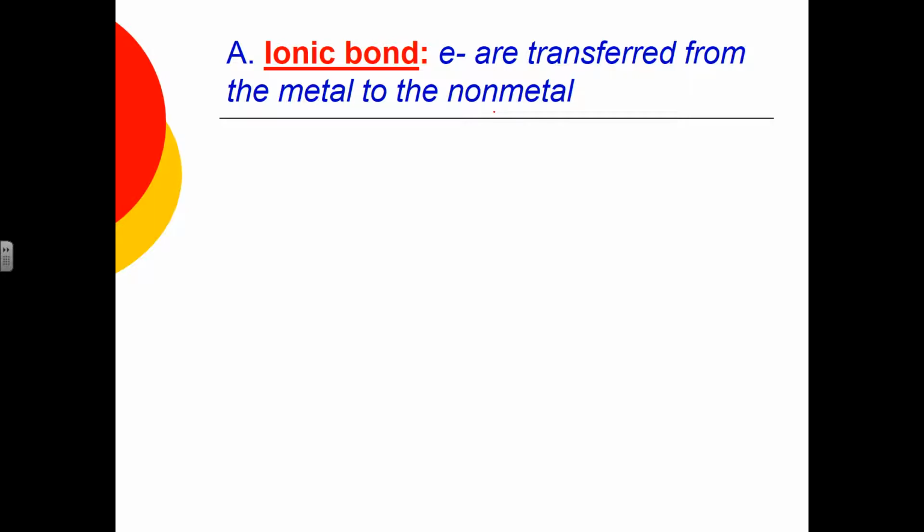Remember, in the last unit, we learned that metals always form cations when they form an ion, and nonmetals always form anions. So an ionic bond is an electrostatic attraction between a metal ion, which is a positive ion, and a nonmetal ion, which is a negative ion. Remember, opposite charges attract.